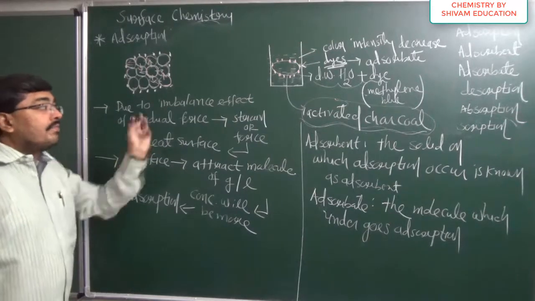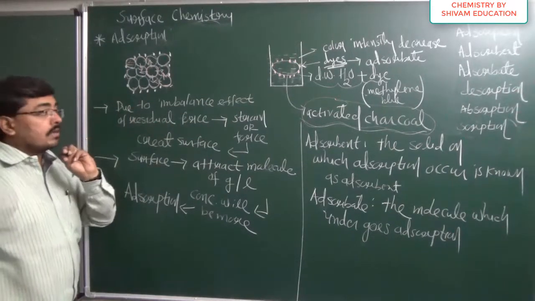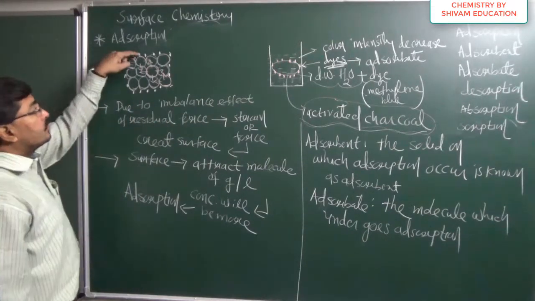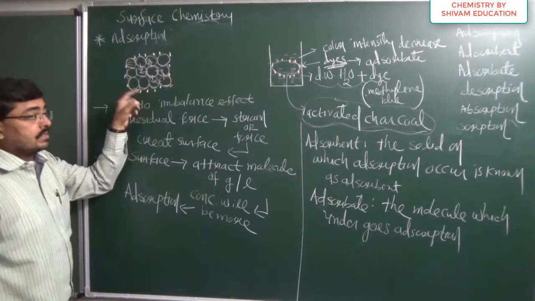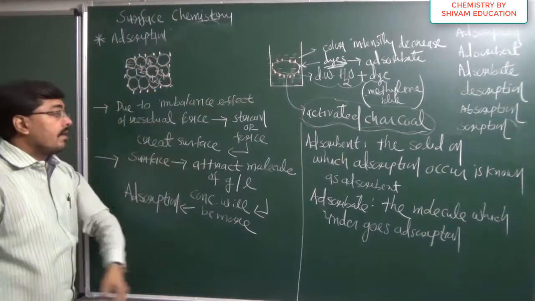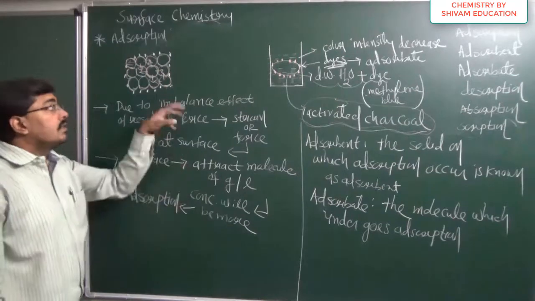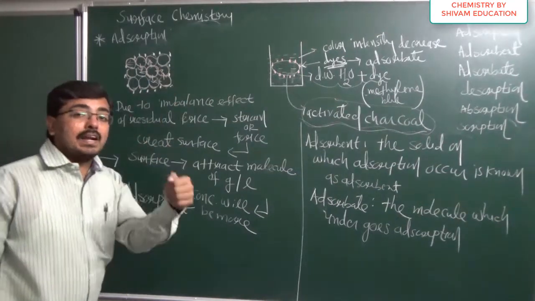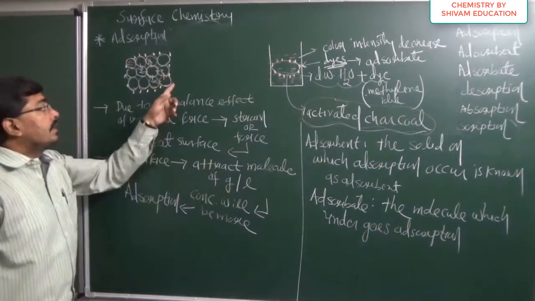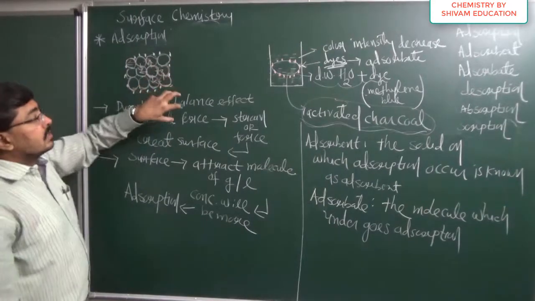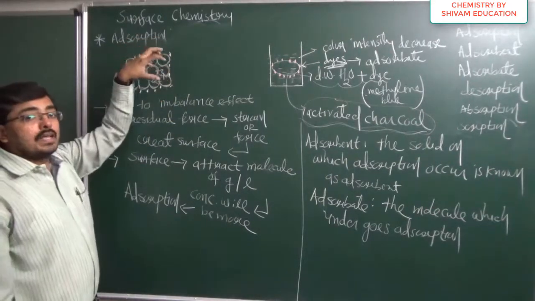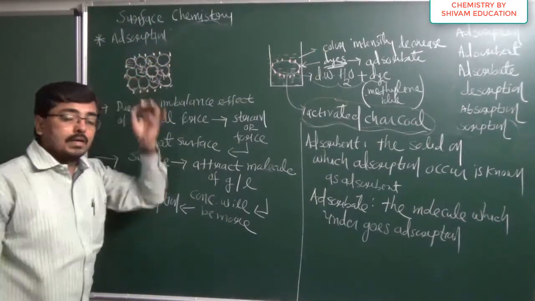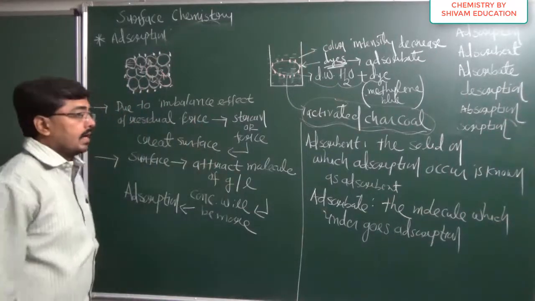So their field is not completely balanced, and one type of strain is created on the surface. Now when such a surface comes in contact with a molecule of gas, it has a tendency to attract the molecule, and when it attracts, their concentration will be more on the surface as compared to the inner bulk, and this is nothing but adsorption.